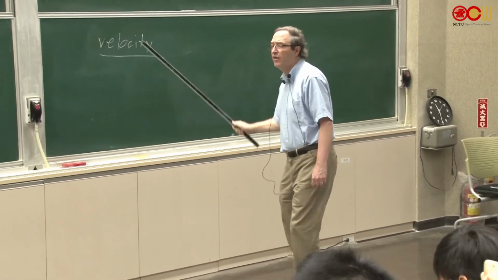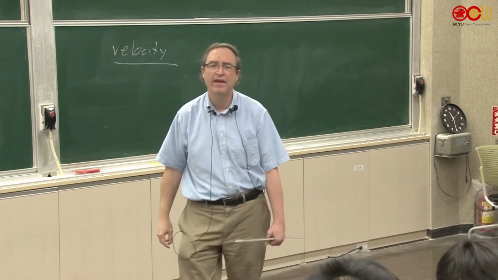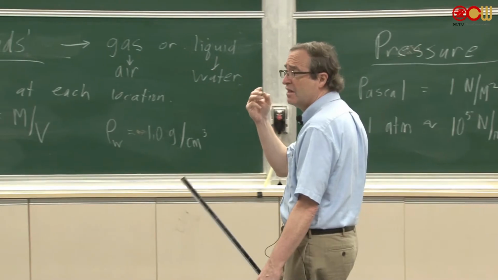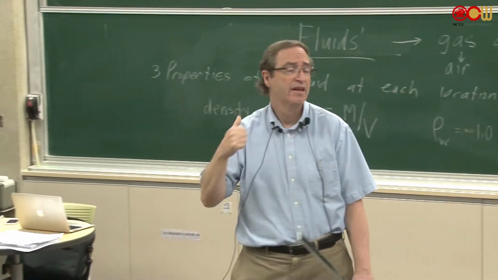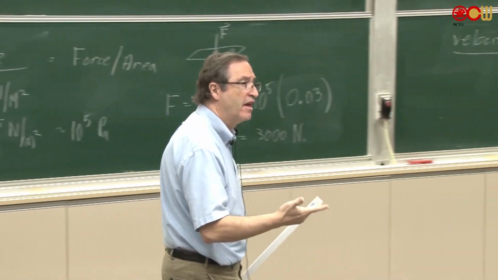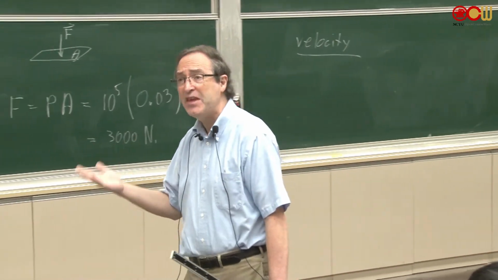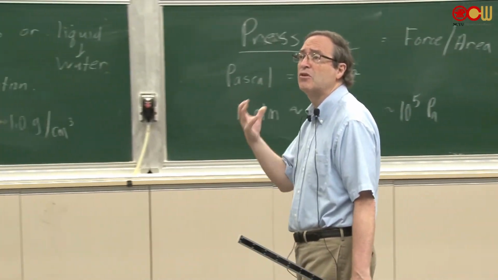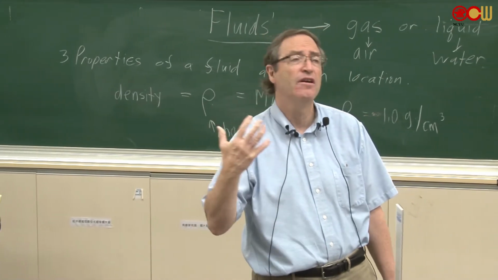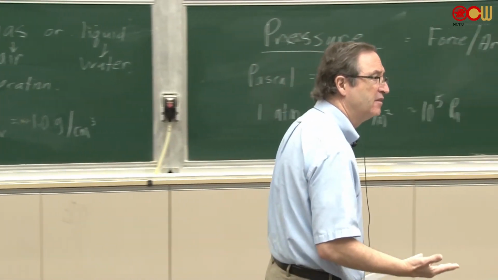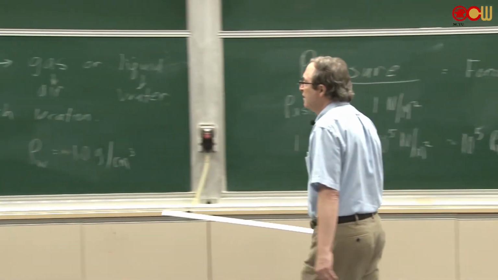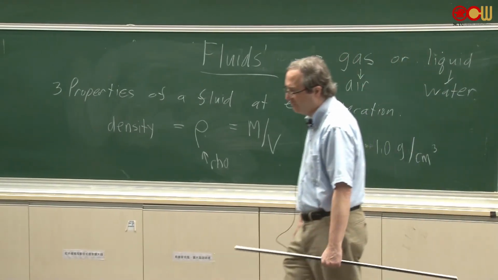And this can vary with position as well, and we'll talk about that near the end of today's class. So you have three properties at every point in space: density, pressure, velocity. Each of those is like a field, like the gravitational field, because it's a property of your location in space. OK, so that is what we need to get started.